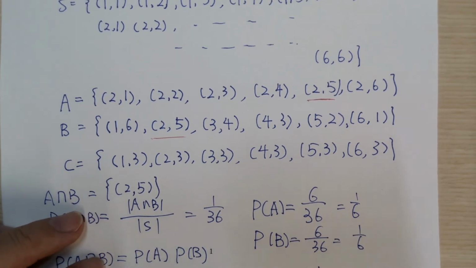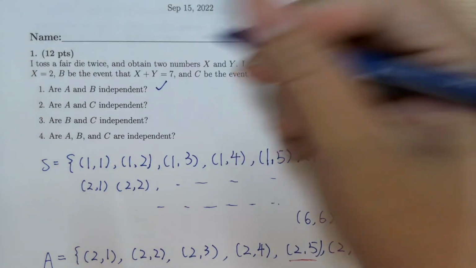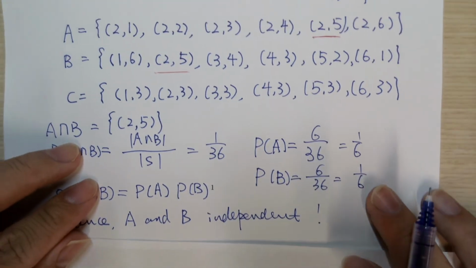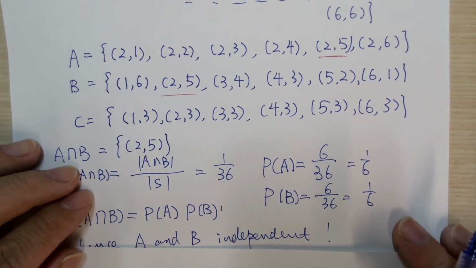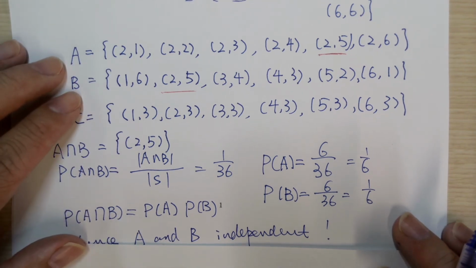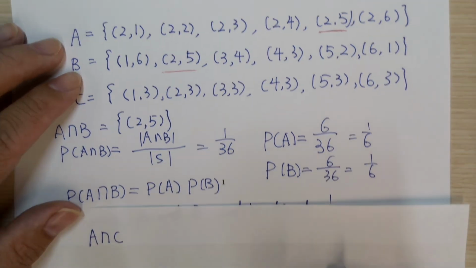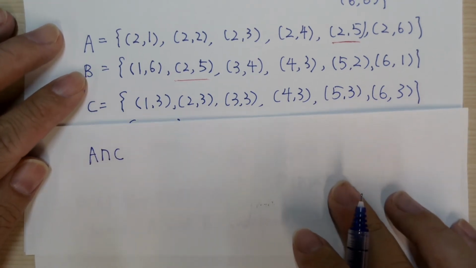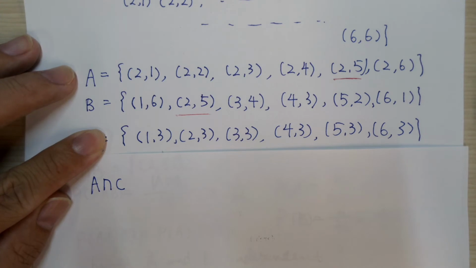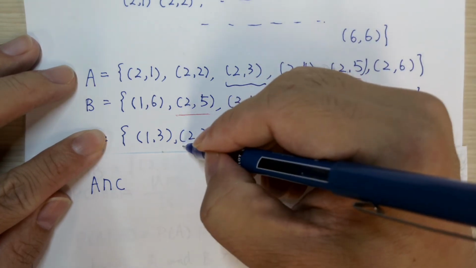Now, let me get another paper to write the following part. So part A is done. What about part B? Are A and C independent? Well, let's check. As you can see here, A intersect C only has this 2,3.